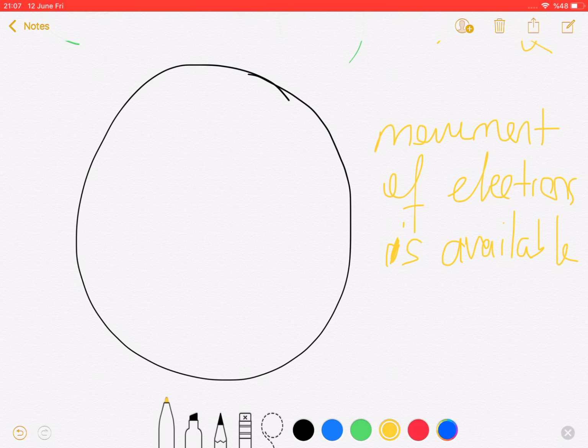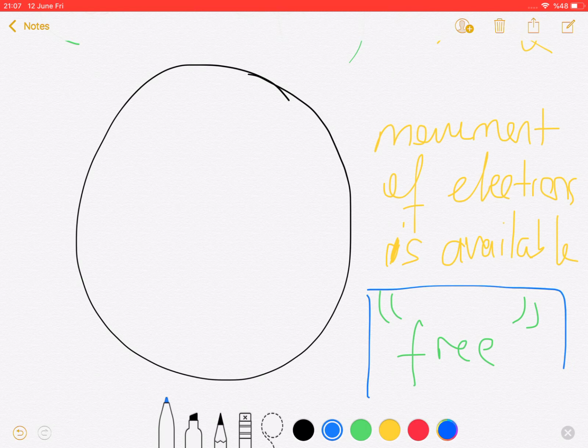Why? Because they are free to move. The word "free" is really important. In daily life many people don't care, but in physics and engineering, free is a really important word. The main logic of the conductor is based on the word free.